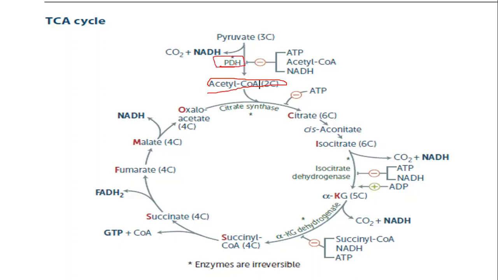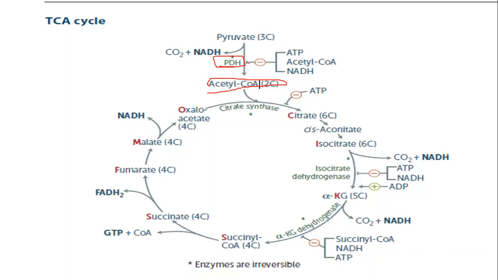Pyruvate dehydrogenase is again a very high yield enzyme, and it is frequently tested because if there is a deficiency of pyruvate dehydrogenase or the coenzymes required for the function of the pyruvate dehydrogenase complex, it can result in the development of lactic acidosis. If the enzyme is deficient, the patient can develop lactic acidosis. So it is important to remember.